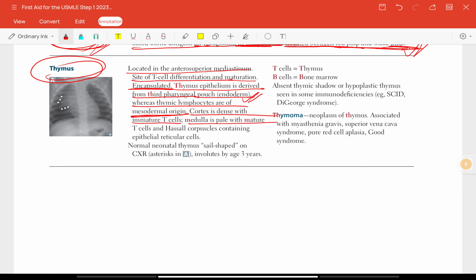The medulla is pale with mature T cells and Hassall's corpuscles containing epithelial reticular cells.